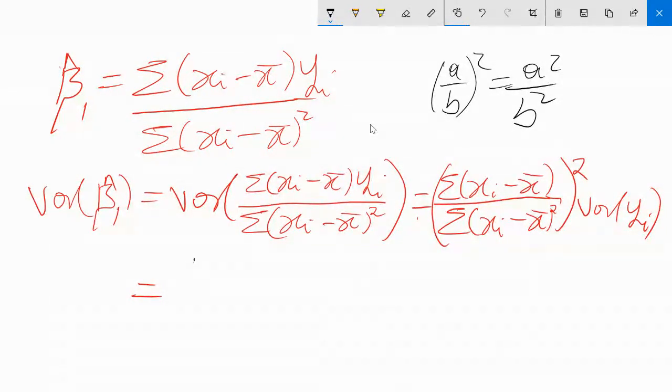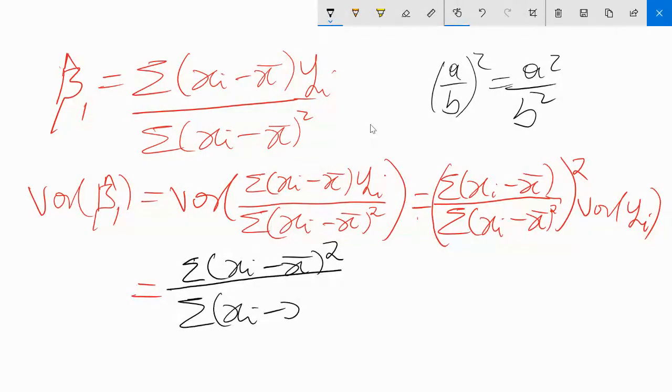When we do that, we are going to have (xi minus x bar) squared on the numerator. A student says there is a mistake on the numerator, that the variance enters within the summation. Oh, I get what you're talking about.